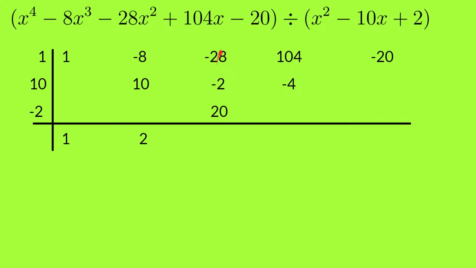Then add the next column, minus 28 plus 20 minus 2 is minus 10. Then multiply minus 10 into 10, minus 100, and minus 10 into minus 2, 20. So minus 100 in the next column and 20 in the next to next column. So add this: 104 minus 100 is 4, minus 4 plus 4, 0, and minus 20 plus 20, 0.